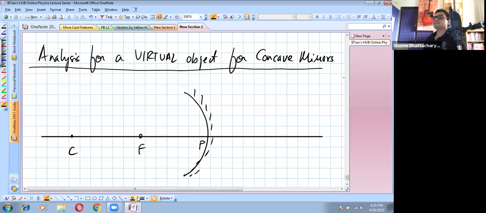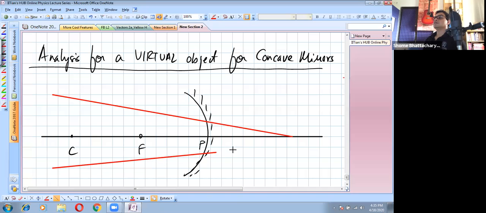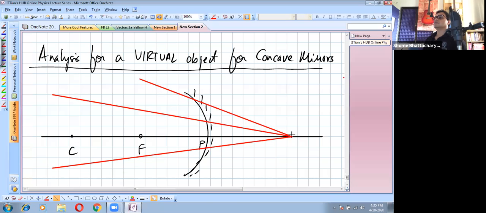Now suppose my incident rays are something like this. These are all my incident rays, such that they are not actually coming from some real point in front, but they appear to be intersecting at a virtual point behind.